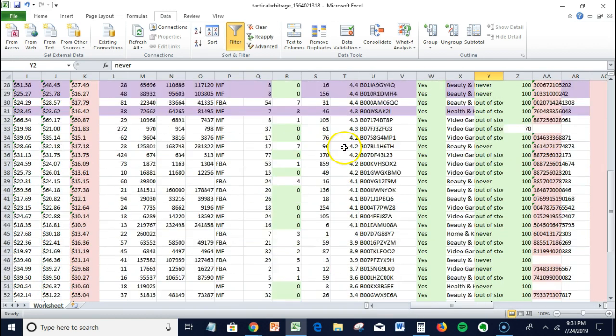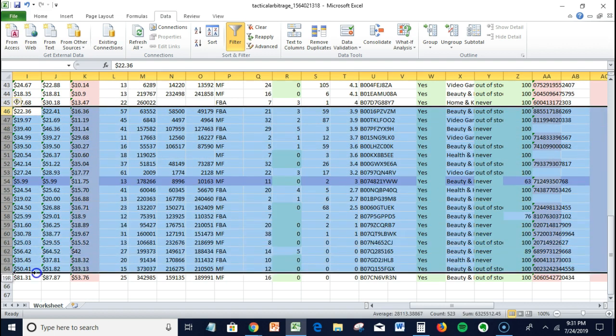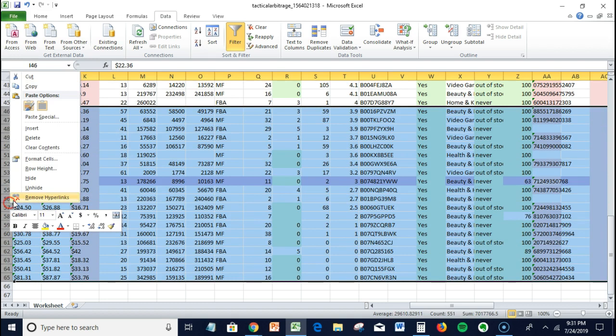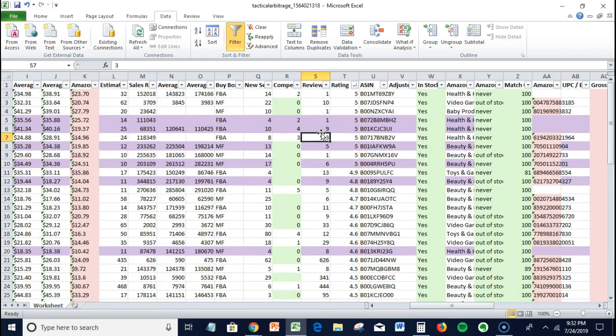Let me just see here. Yeah, some of these are really low, and we probably don't want to sell those. Either they don't have any reviews at all, or they're really bad. So anything below 4, we should probably get rid of, but I'll make sure Tactical Arbitrage gets rid of that automatically.